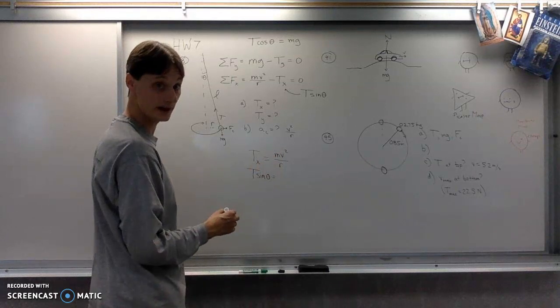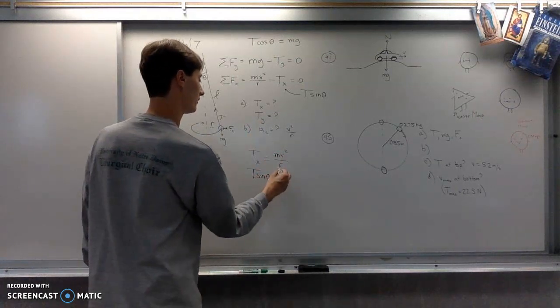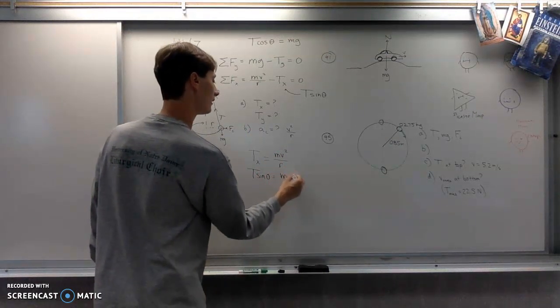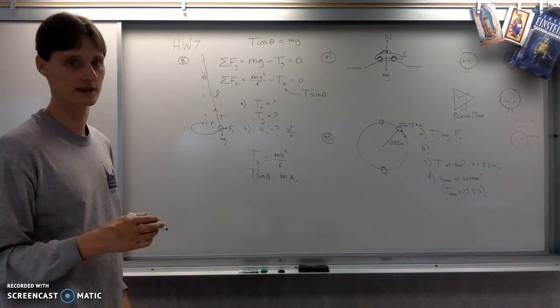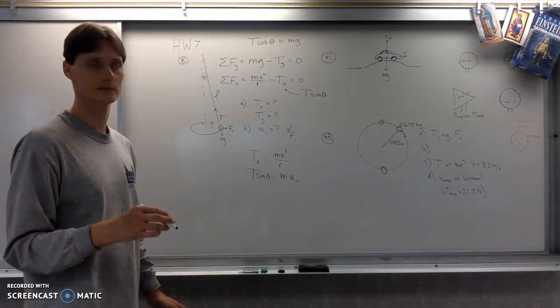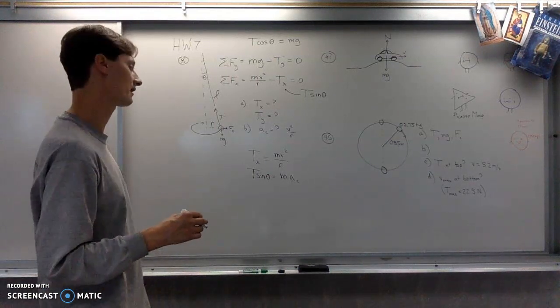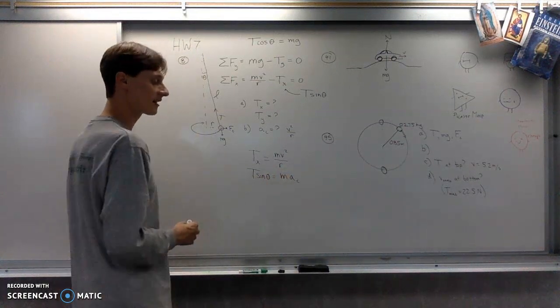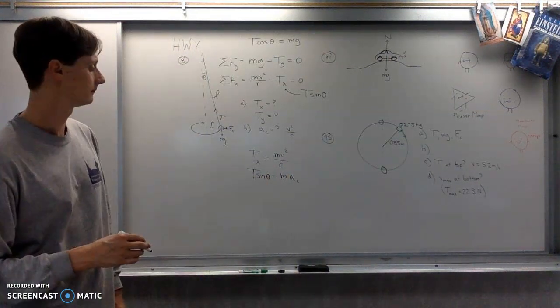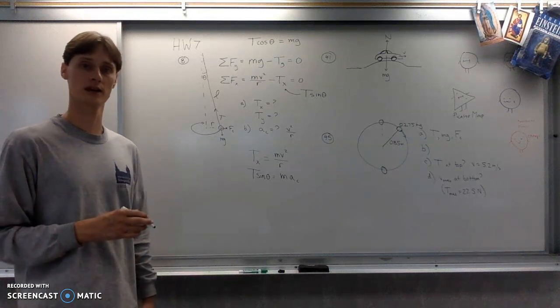Well, v squared over r is the acceleration you're looking for, the, quote, radial acceleration, same really as the centripetal acceleration. So that means that it's going to be T sine theta divided by m. That's all you got to do for it.